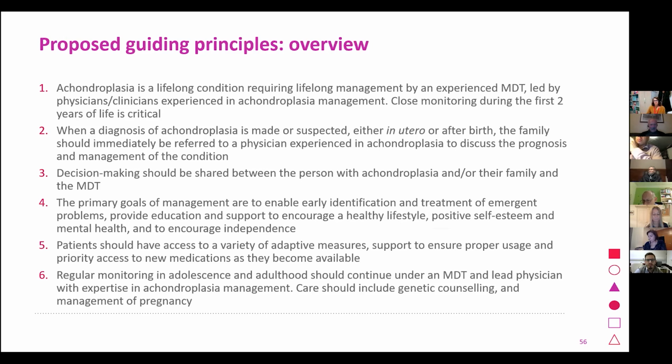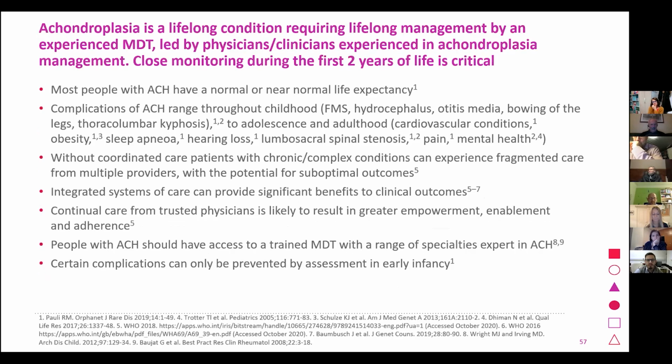And lastly, regular monitoring in adolescence and adulthood should continue under an MDT and lead physician with expertise in achondroplasia management. Care should include genetic counseling and management of pregnancy. Okay, then coming to the first guideline.